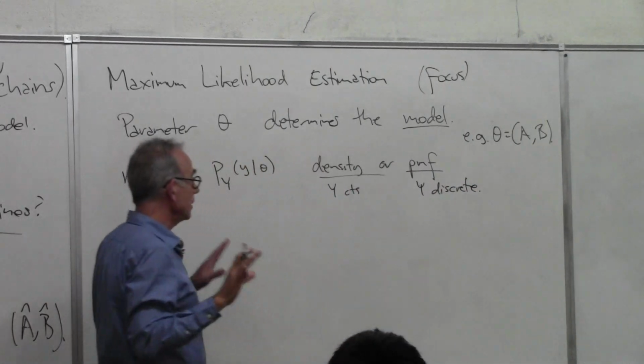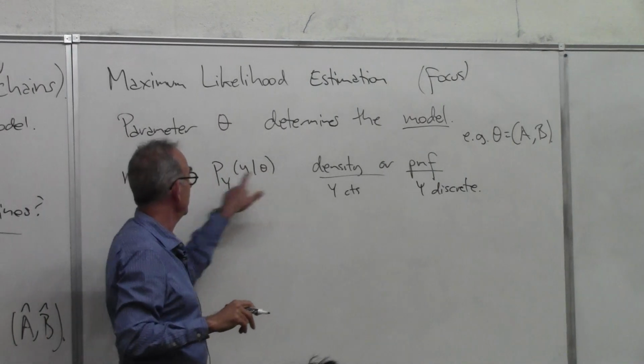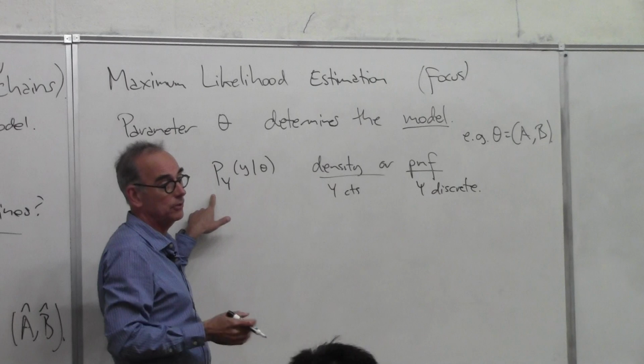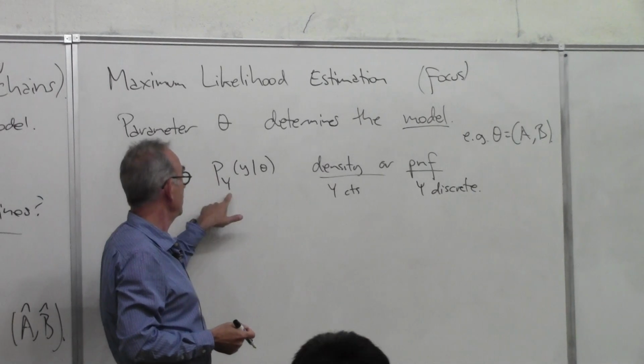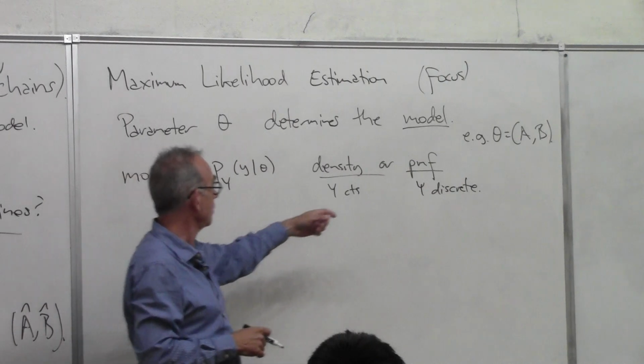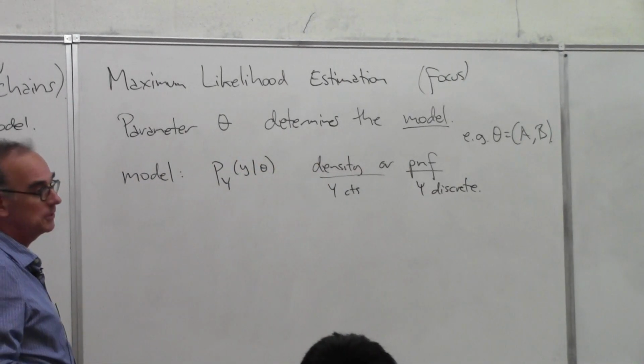I think it's great that Bruce Hajek in the book uses an F for density and a P for probability mass function, but it's cumbersome and it doesn't matter. So I'm going to use P in either case, for either a discrete probability mass function or for a density, as I have been through the whole course, actually.